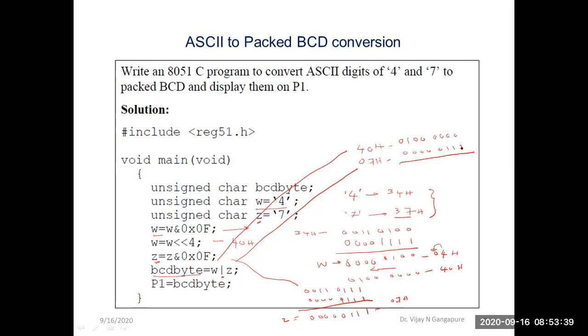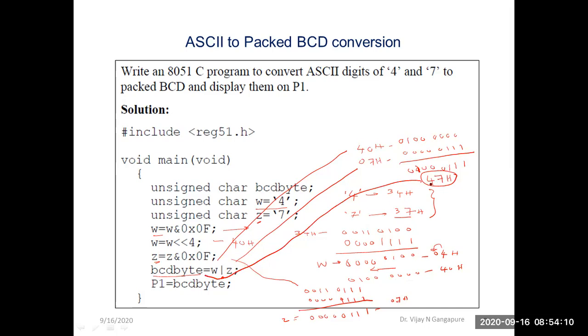Between these 2 bytes, there will be a bitwise OR operation. So this will produce 0100 0111, that is 47H. So that will get stored in BCD byte.